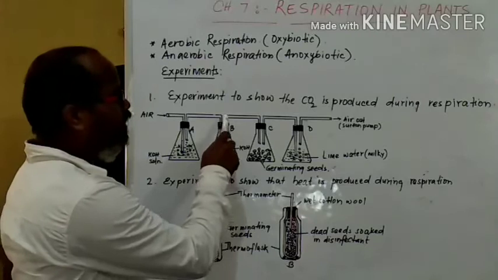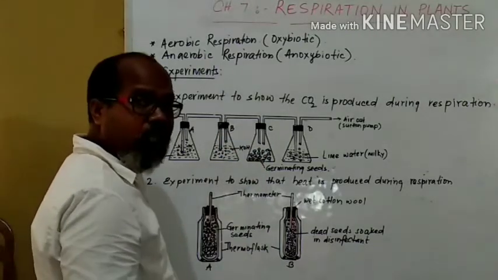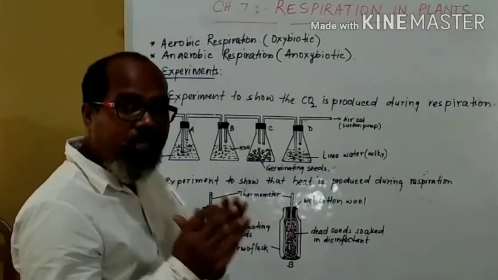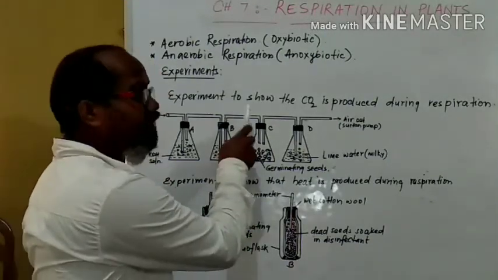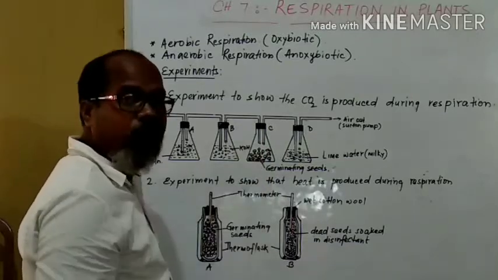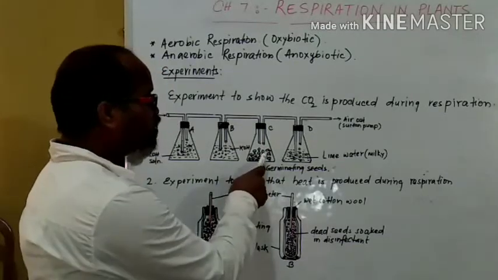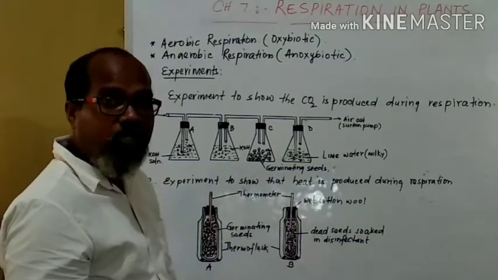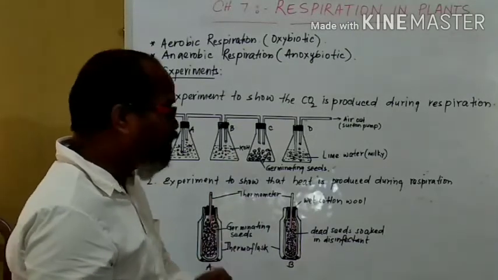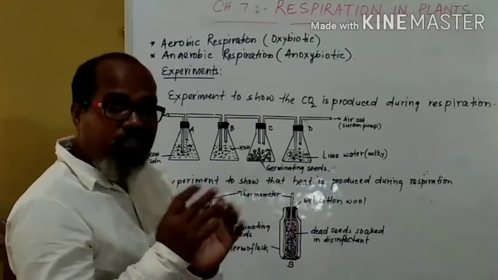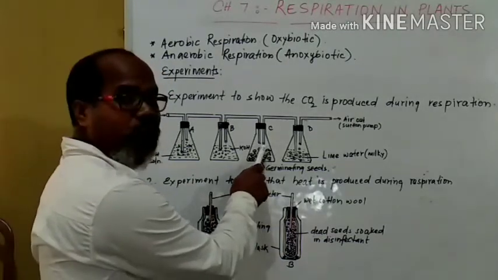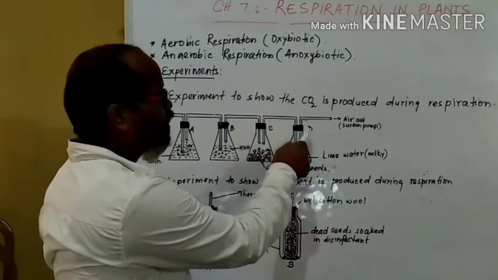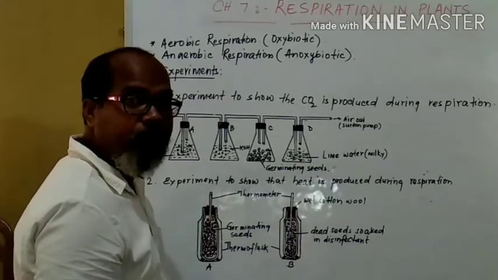The rest of the air moves to flask C, which contains germinating seeds. Seeds need oxygen, so this air moving into C contains oxygen. These germinating seeds require oxygen for germination and respiration. And when they respire, carbon dioxide is produced, and this carbon dioxide moves through this tube into flask D.